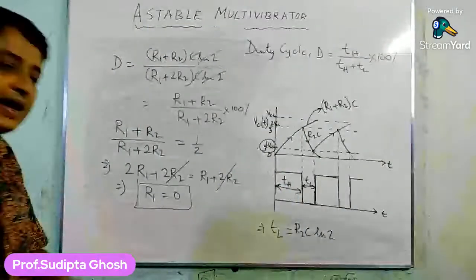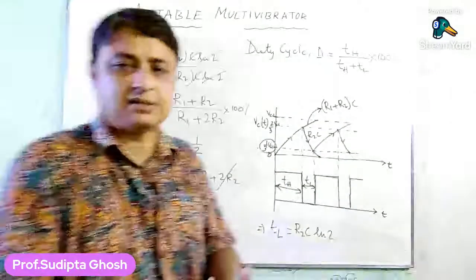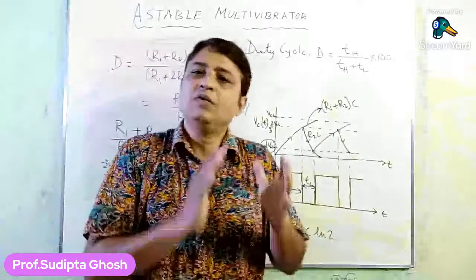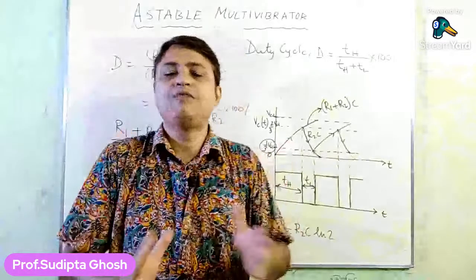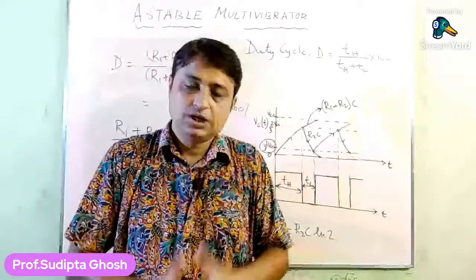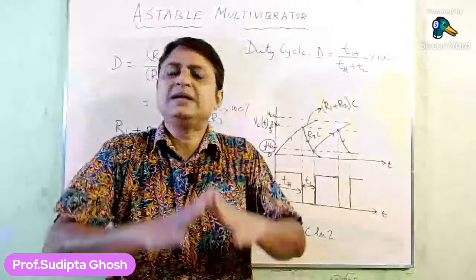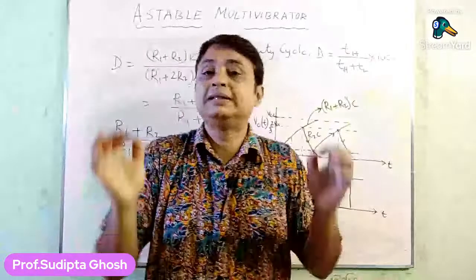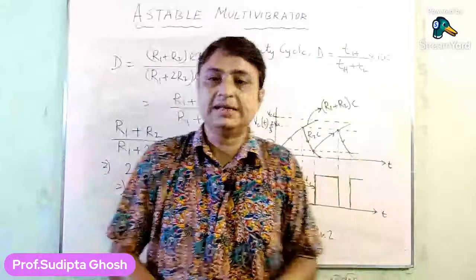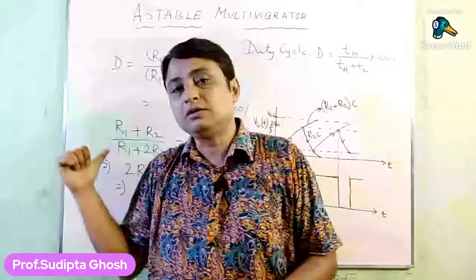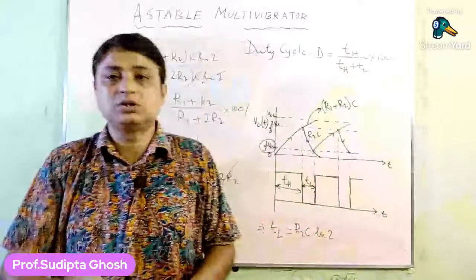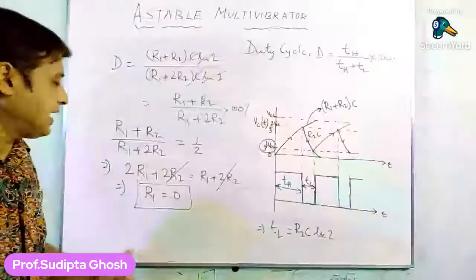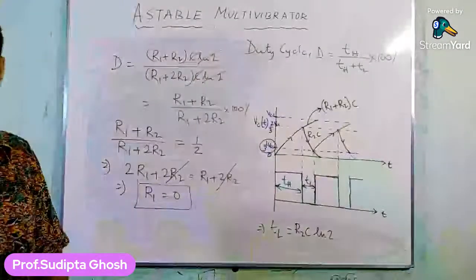Now for an astable multivibrator, every time we have to connect two resistors. You can call them RA, RB, R1, R2, whatever may be, but there must be two resistances. But for the waveform to look like a square wave, we find that R1 should be 0.